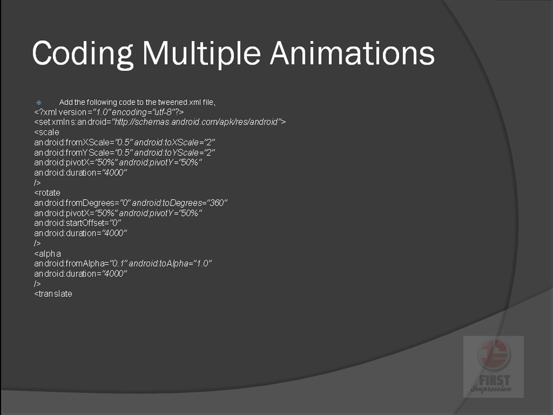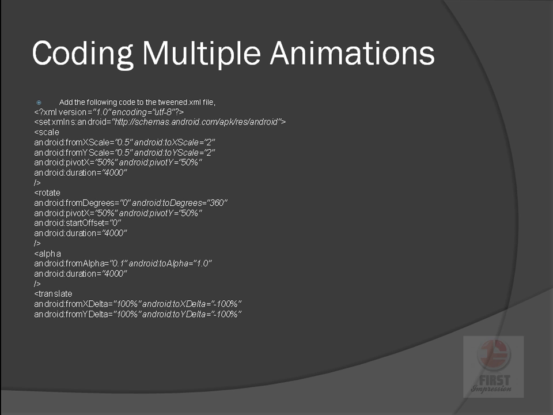Then we have translate, that is, we'll be moving the control from point to point. So we'll say from X delta to X delta, that is, you have to move the control from 100% of the screen to minus 100% of the screen. Again, Y delta, from 100% of the screen in the Y direction to 100% of the screen in the Y direction.